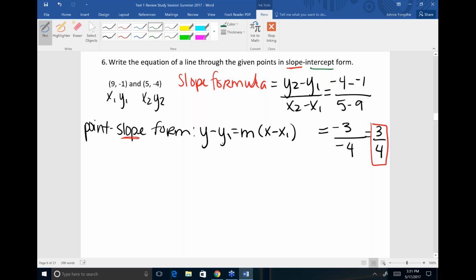So basically, this value, x1, is going to come from your point, and y1 is going to come from your point. And we already have the slope. That's going to be what we found earlier. So let's plug in our values. So we have y minus negative 1. Let me use some colors here.